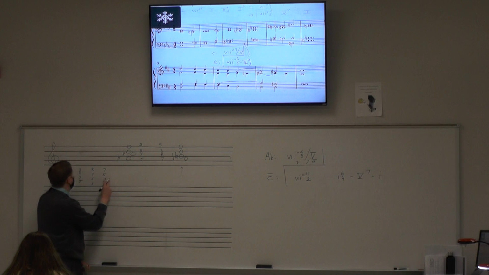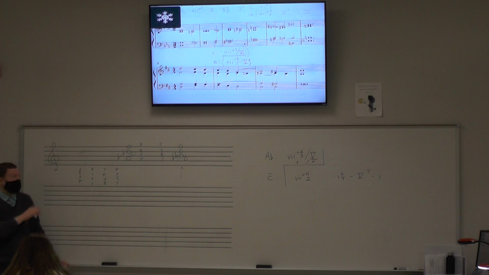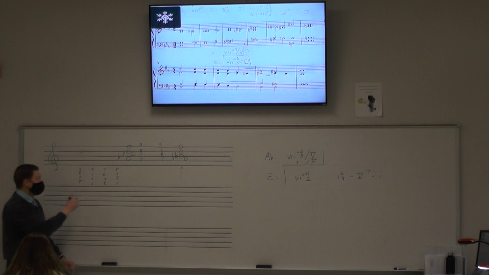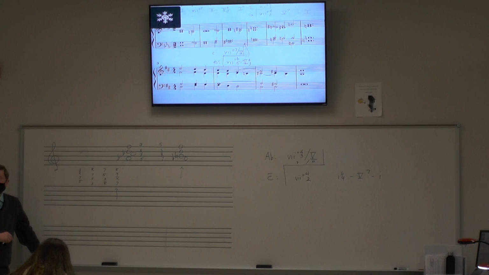Finally, if I move the root up to the final position, that's going to put the third there, the fifth there, and the seventh there, and that's the one I want, because when the seventh is on the bottom, then I have a 4/2 inversion. Is there anyone here that gets what I'm saying, that could think of a different or better way to explain it?